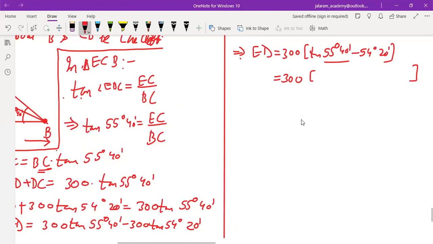So now find the values of tan 55 degree 40 minutes and tan 54 degree 20 minutes to get the answer. So first of all, there is a trigonometric table at the end of your book. So look at that and find the value of tan 55 degree 40 minutes. So in the column which shows 55 degree, look at the values of tan 55 degree.